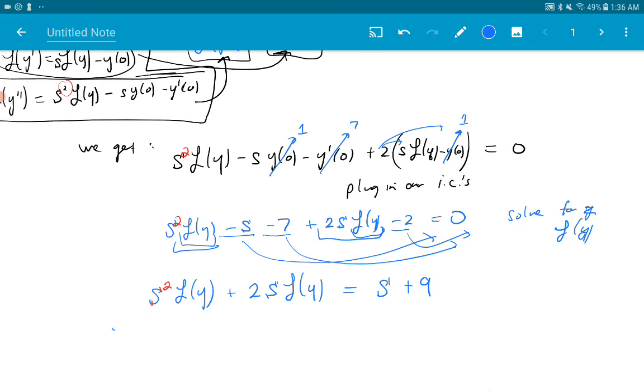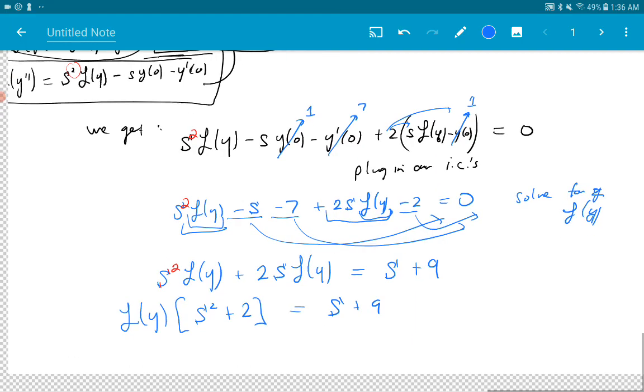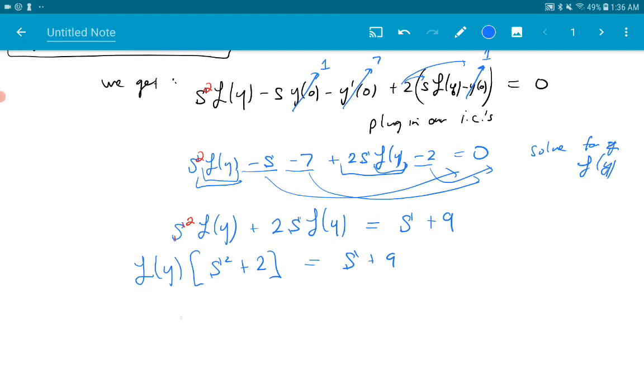And so now I factor it out, and I get L of y times s squared plus 2. I just factored it out. Equals s plus 9. So now I just have to divide, right? So I can get L of y equals s plus 9 over s squared plus 2.